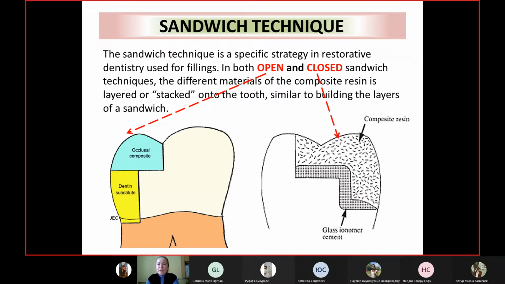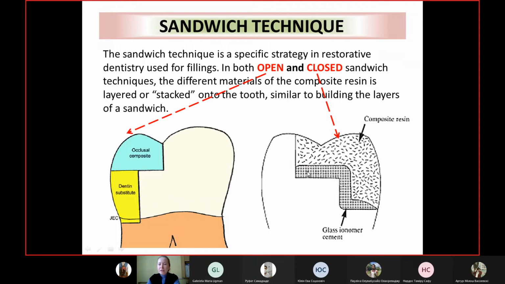This diagram gives you information on the sandwich technique. It can be open and closed, as you see. Open means that we have glass ionomer cement in the second class as a base for replacing dentine, and above it to replace enamel resin composite can be used, because resin composite is more aesthetic in comparison to glass ionomer cement.